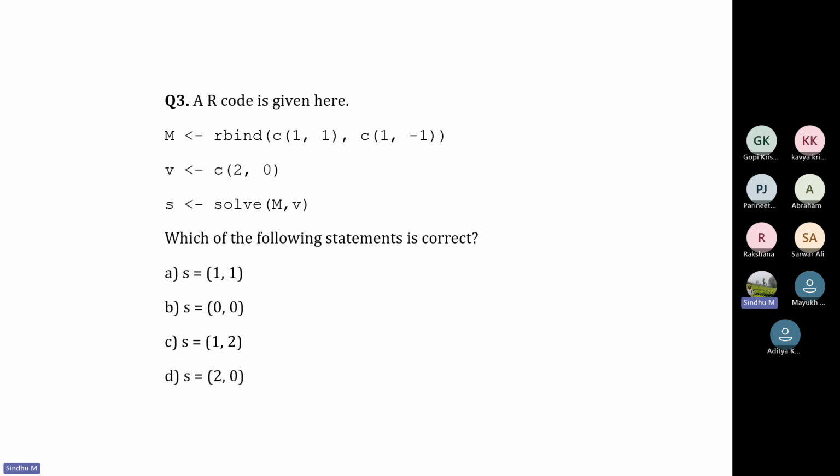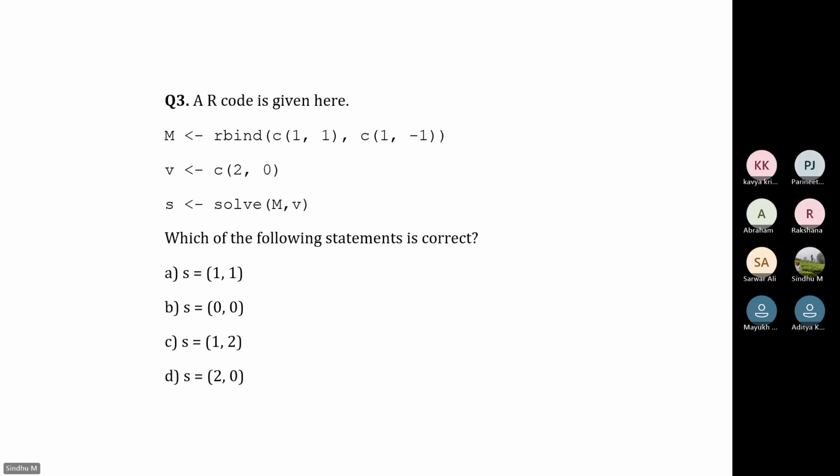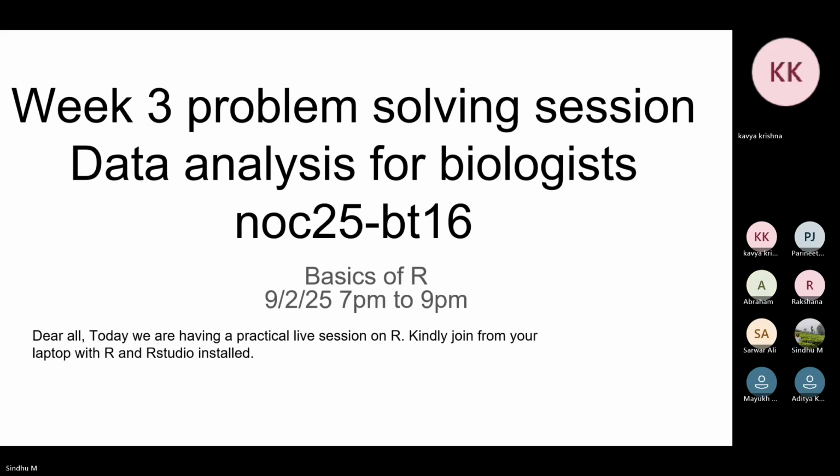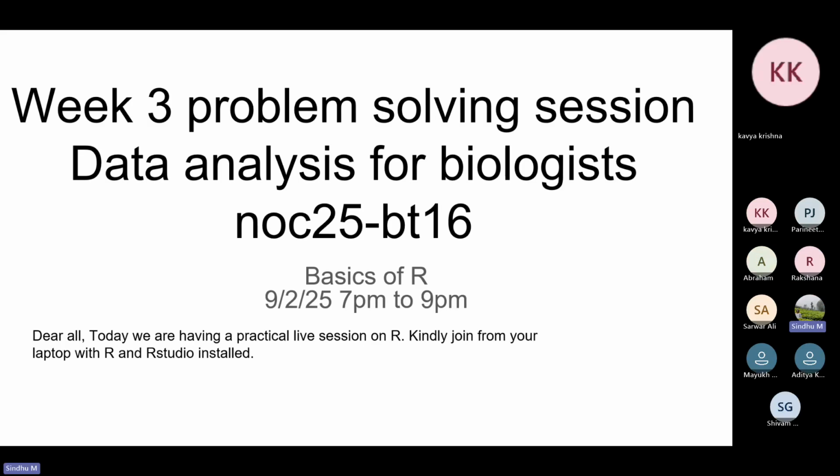So the answer matrix will be 1, comma 1. So that's why this matrix is S. S is equal to 1, 1, so option A is the correct answer.